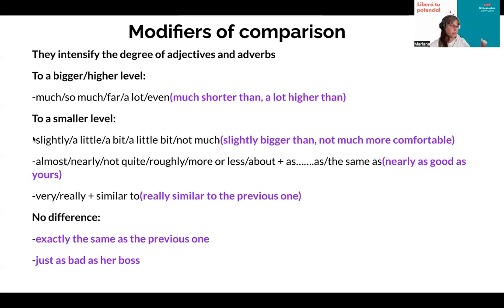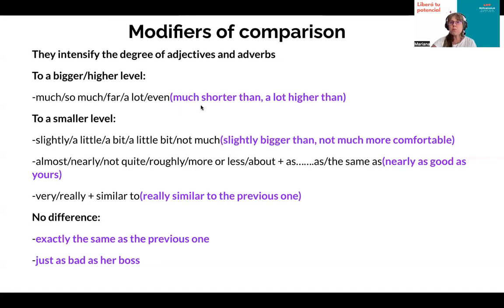If you want to intensify to a smaller level, you can use slightly, a little, a bit, slightly bigger than, not much more comfortable than, or almost, nearly, not quite, more or less, about as, nearly as good as yours, casi tan buena como la tuya, ¿sí?